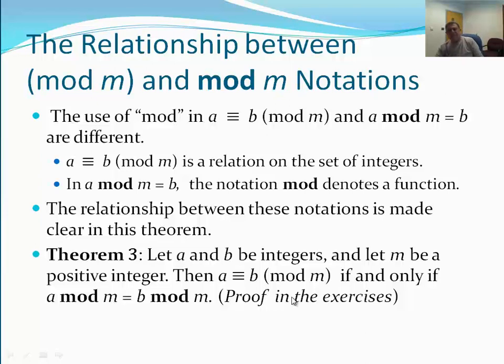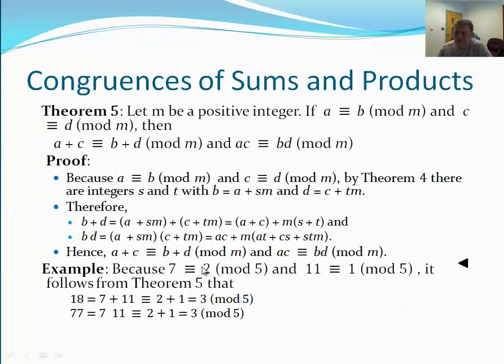Meaning that if a divided by n generates a remainder, it is equal to the remainder when b is divided by n. All right, that's the basic definition.